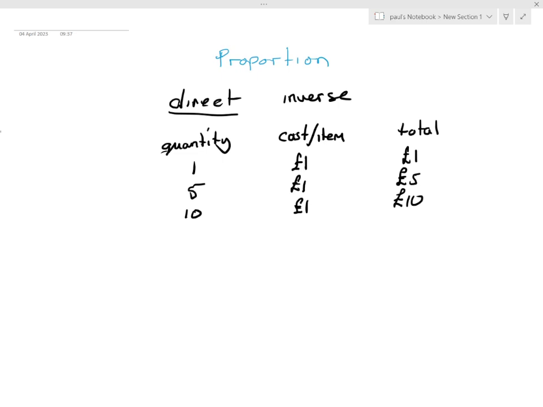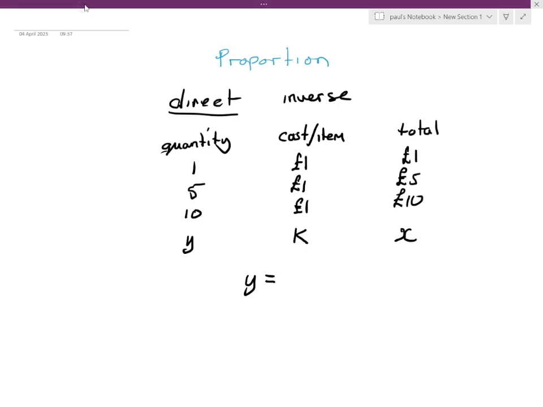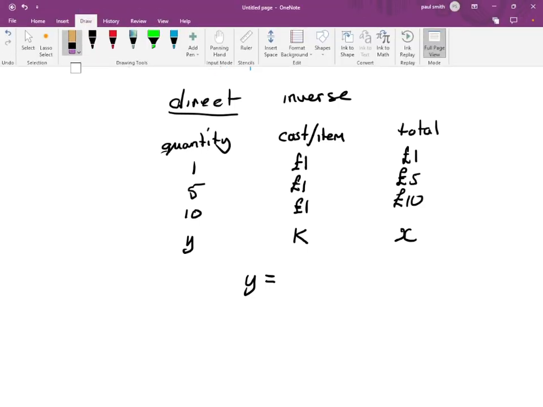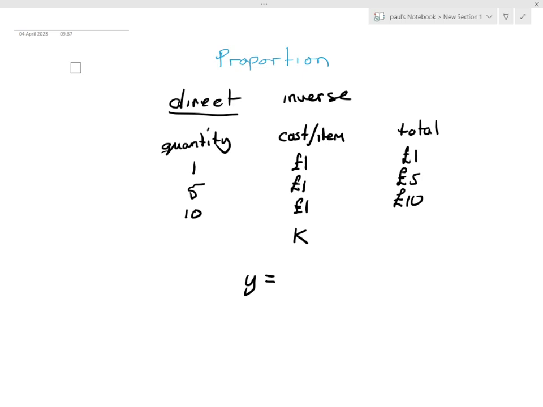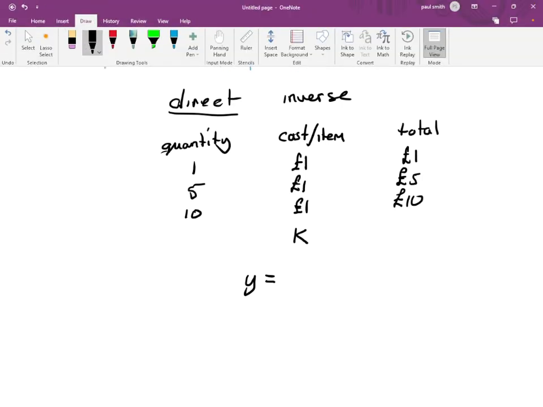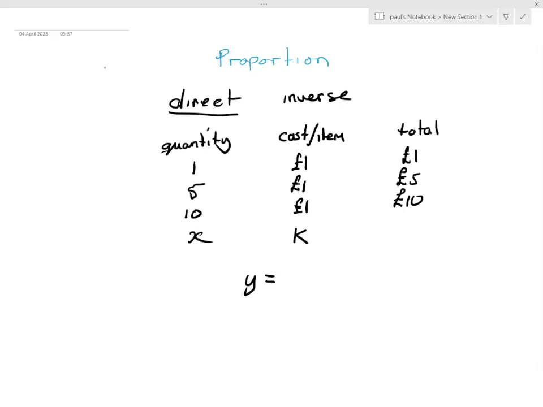This could be Y, this could be X, it doesn't really matter which way round it is, and the cost has to remain constant, and that we call a K. So the formula for this: let's have X before Y. This will be X and this will be Y. So Y, the total cost, equals the constant times the number that we buy.